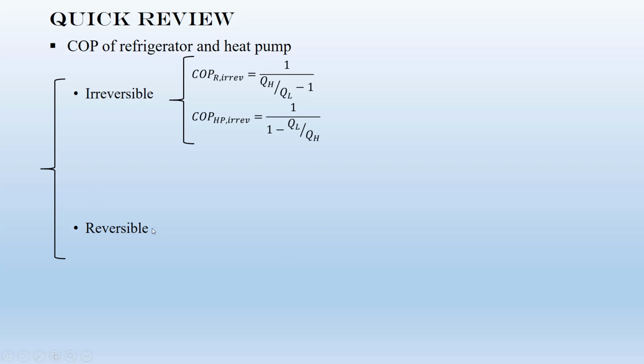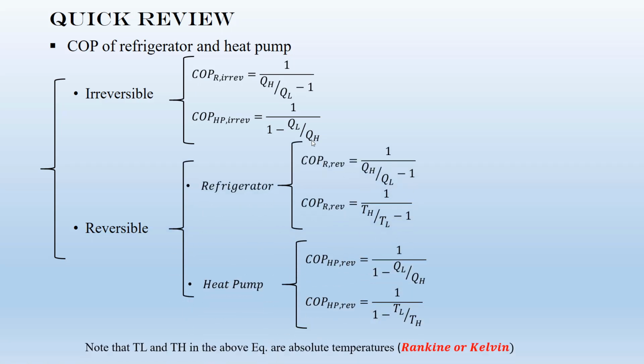For the reversible one, guys, you have two options. You can use either these equations, or you can substitute QH over QL with TH over TL, or in this equation you can substitute QL over QH with TL over TH. Again, guys, keep in mind that in all these equations you must use absolute temperature.